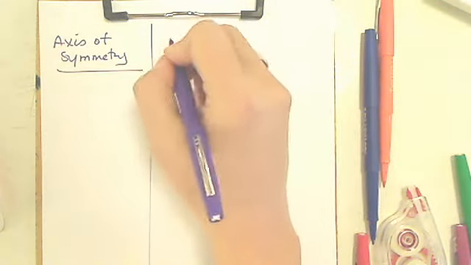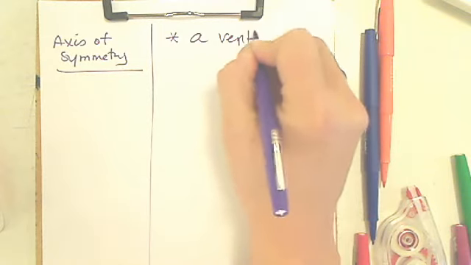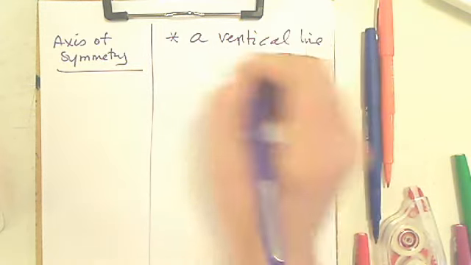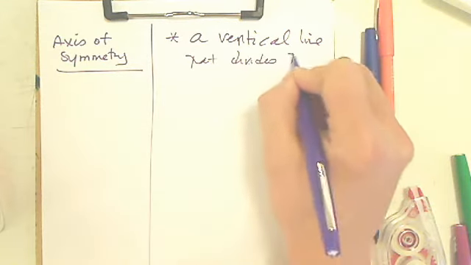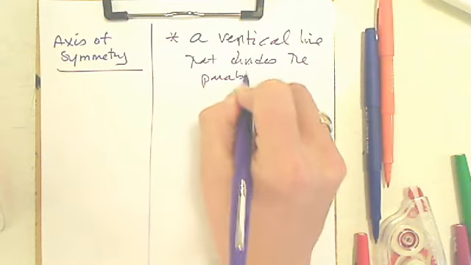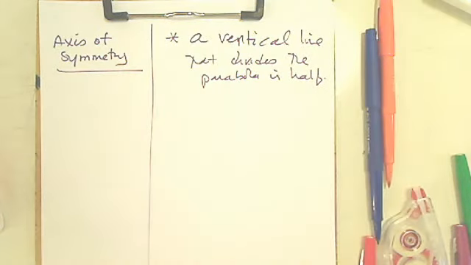All this is a vertical line that divides the parabola in half. It splits it equally down the middle.